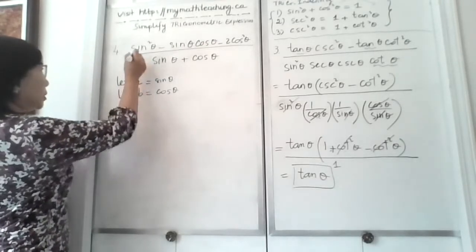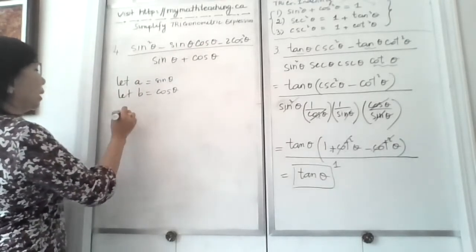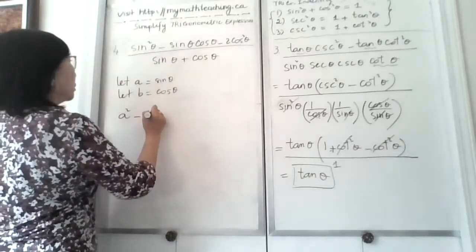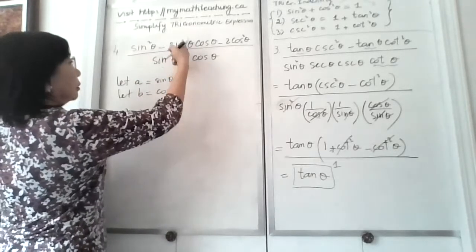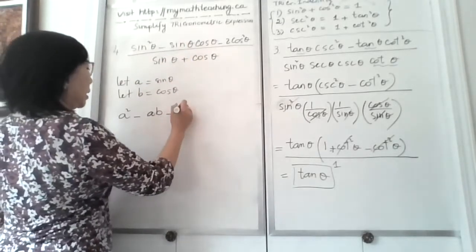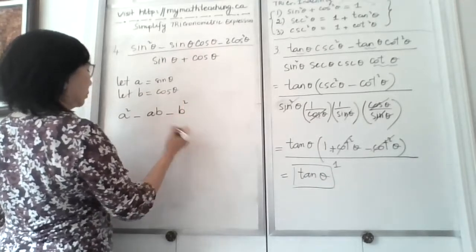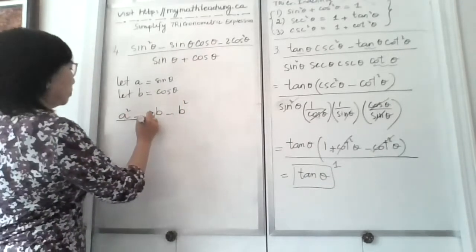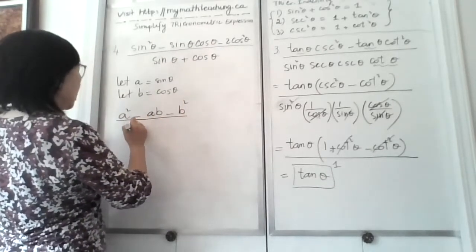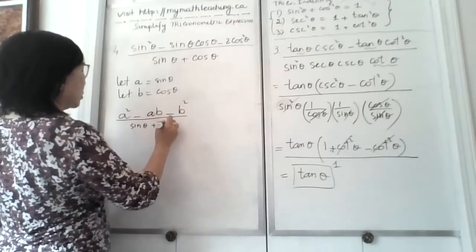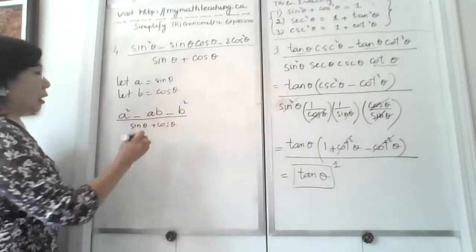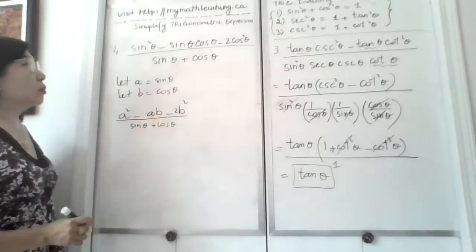So for the top, I change it to A square minus A times B minus 2B square. Now the bottom is still the same, sine theta plus cos theta. And actually this is 2B square.